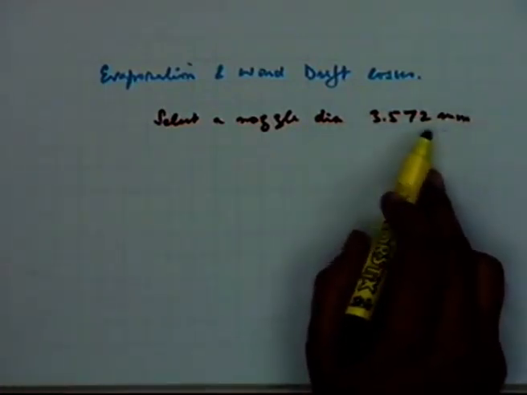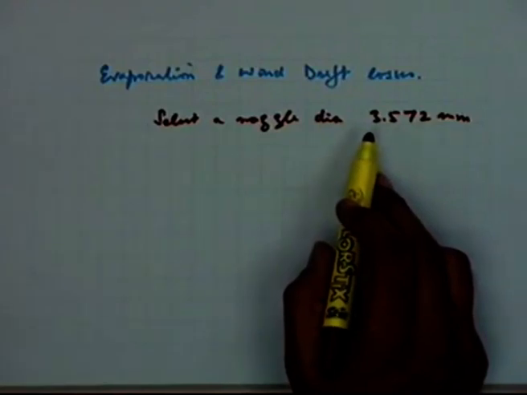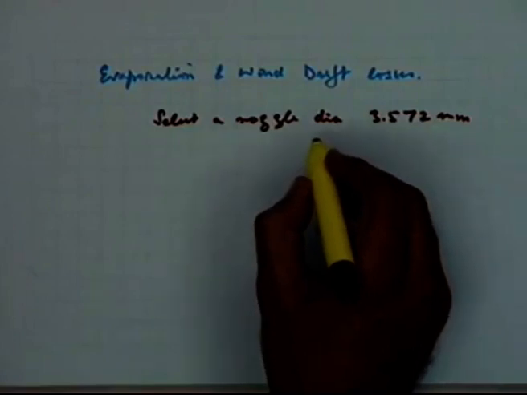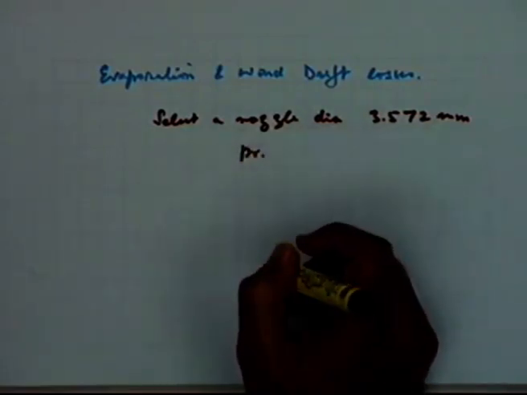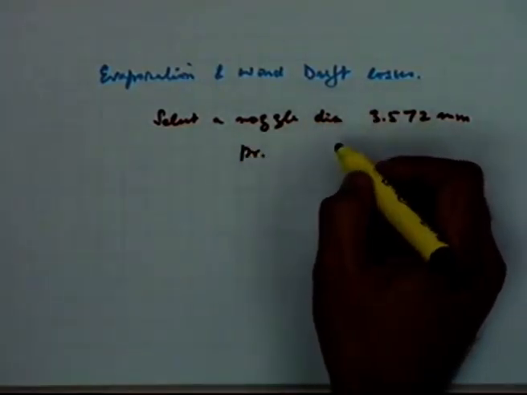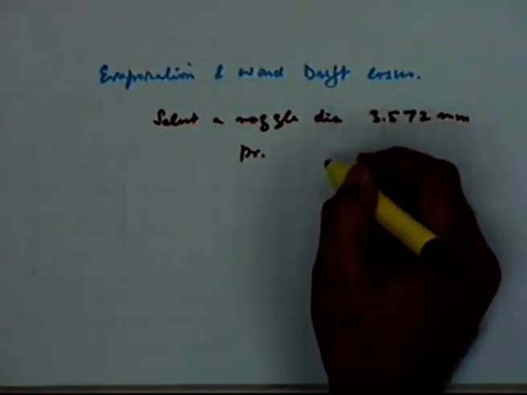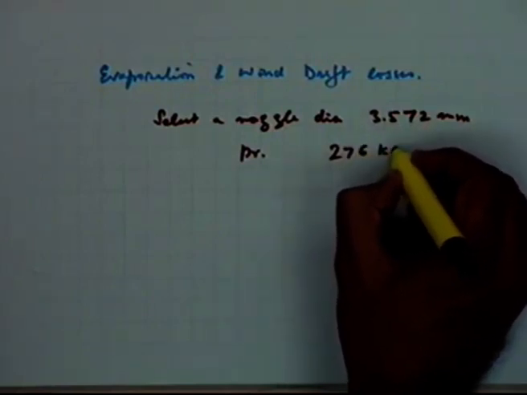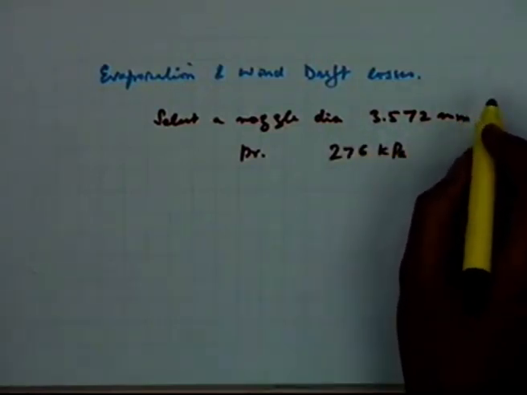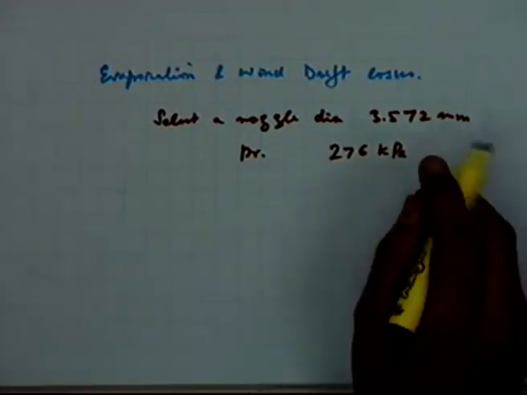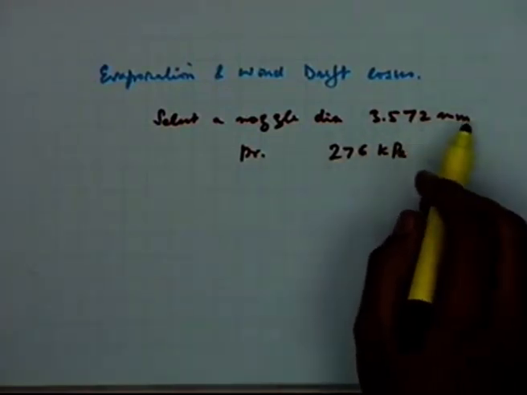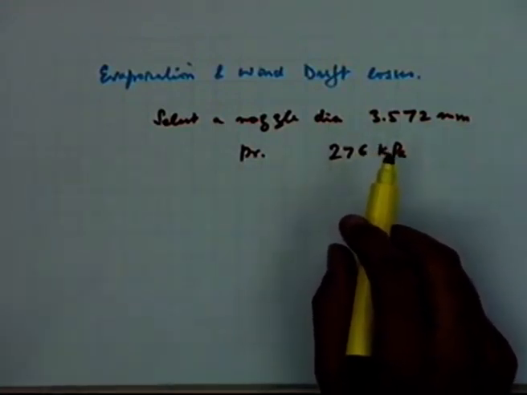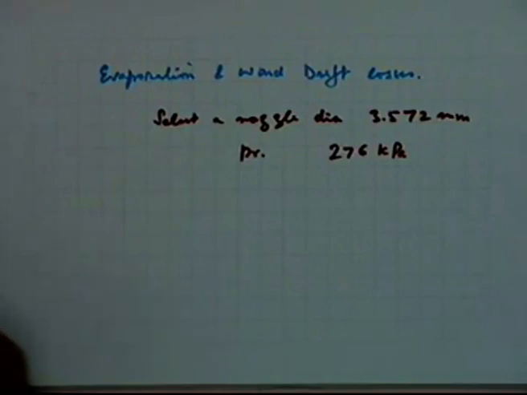We had seen the tables of these, this is just randomly selected, and the operating pressure of this nozzle, the minimum operating pressure as recommended by the manufacturer was 276 kilopascal. So if we take this as the initial pressure with respect to the nozzle which we have selected, then we can check the other quantities with respect to this selected set.